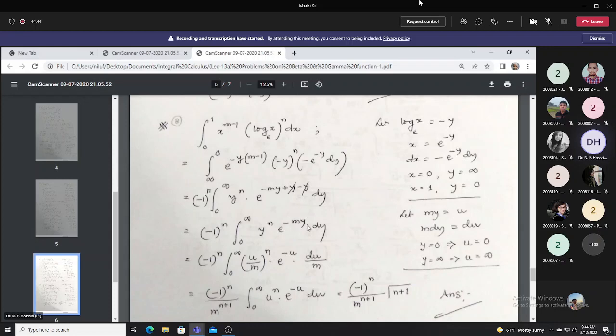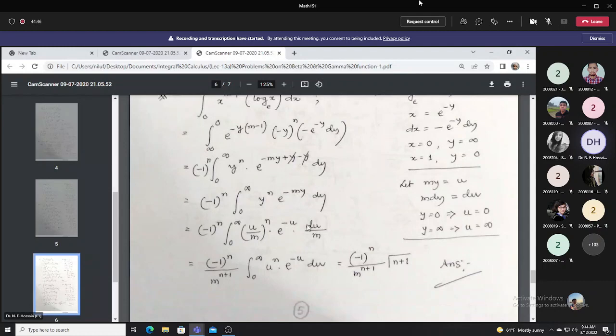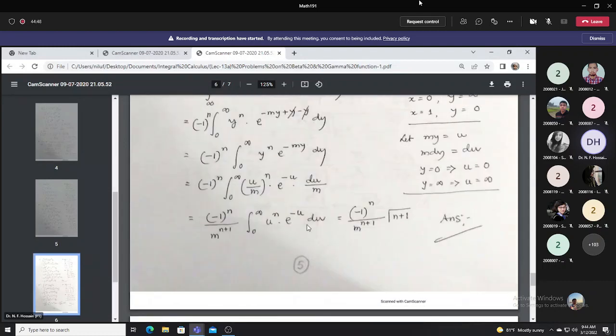But to use the definition of gamma function, we have to take another substitution. Suppose my equal to u. So m into dy equals du. When y equals 0, u is 0. When y is infinity, u is infinity. No change in the limits. So it comes now y to the power n into e to the power, y means u by m.